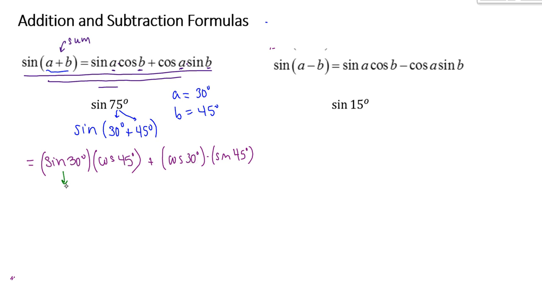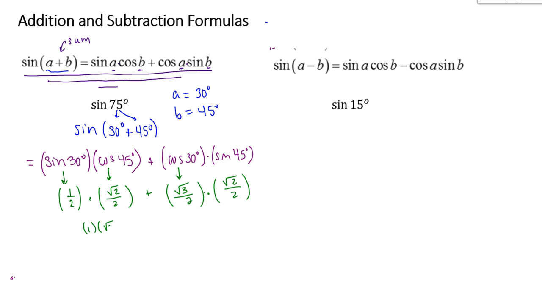So sine of 30 is 1/2, cosine of 45 is square root of 2 over 2, plus cosine of 30 is square root of 3 over 2 times sine of 45 is square root of 2 over 2. Now, when you multiply fractions like this, you go straight across. So we would have the top, which is 1 times square root of 2, over the bottom, 2 times 2 is 4, plus over here, we've got the square root of 3 times the square root of 2 over 4.